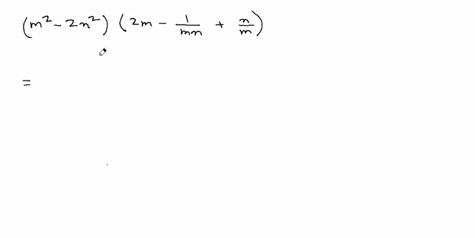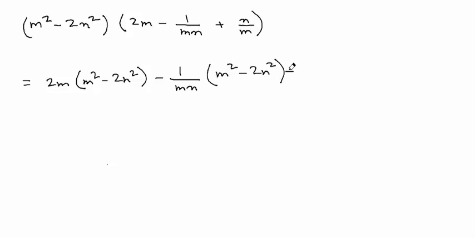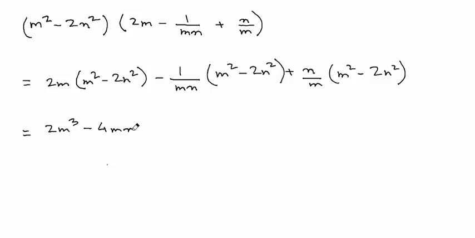And that's equal to 2m times m square minus 2n square, minus 1 over mn times m square minus 2n square, plus n over m times m square minus 2n square, which is equal to, open up the parentheses, meaning distribute the 2m on this one. 2m times m square is 2m cubed, minus 2 times 2 is 4mn square, minus 1 over mn times m square.